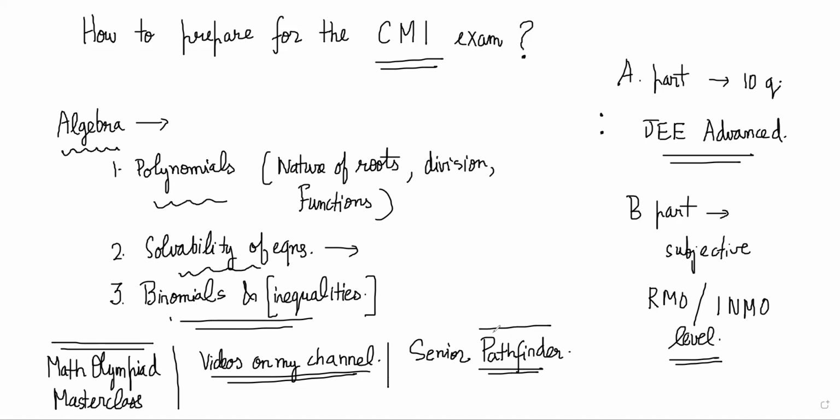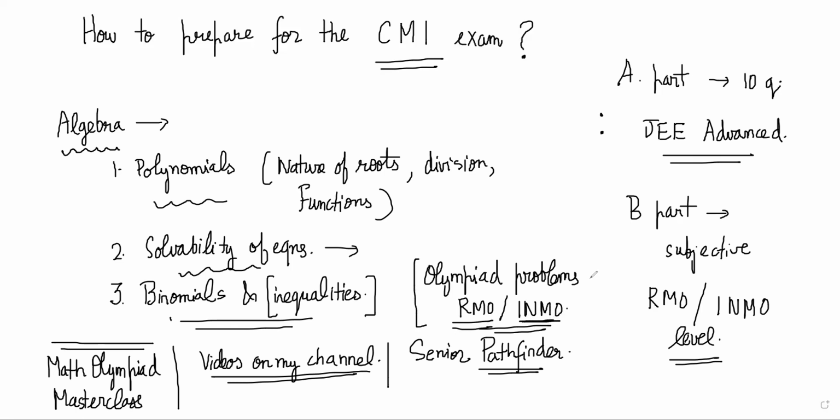If you don't have this book, you can also use standard Olympiad material. Look at previous year's Olympiad problems from RMO or INMO level. So maybe INMO is a little too difficult, but RMO level problems, if you look at last 5-10 years, you can find all of the problems on these topics, and that should be enough for you to prepare this.